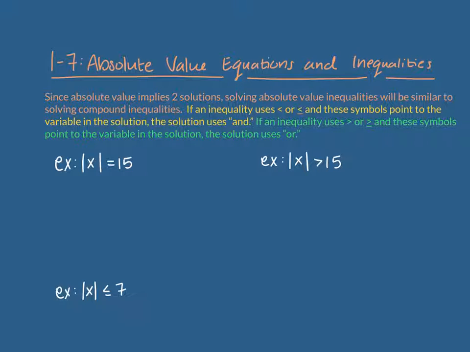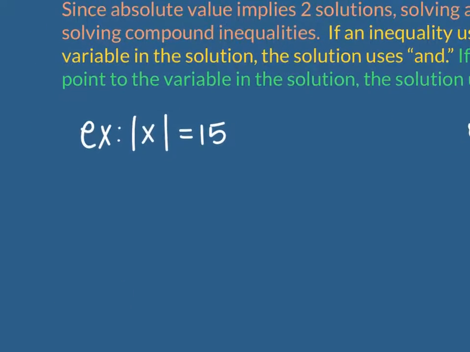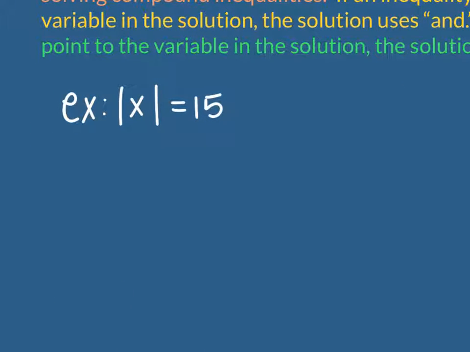So in the first example we want to look at, we just have an absolute value equation right here. It says absolute value of x is equal to 15. And we said in the last video that what that means is that we have some x values, whatever they are, that are 15 spaces away from 0. So 1, 2, 3, 4, 5, 6, 7, 8, 9, 10, 11, 12, 13, 14, 15.